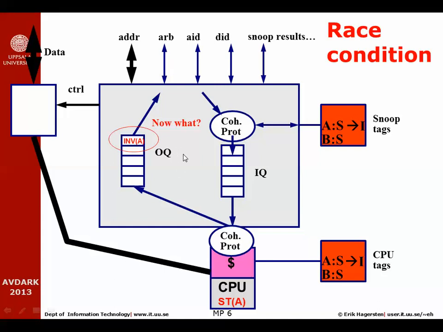Well, we actually have to change the cache coherence protocol to adapt to these kinds of changes. So the state transition diagrams that we discussed in class will not hold for this kind of implementation where we have buffers and dual tags.